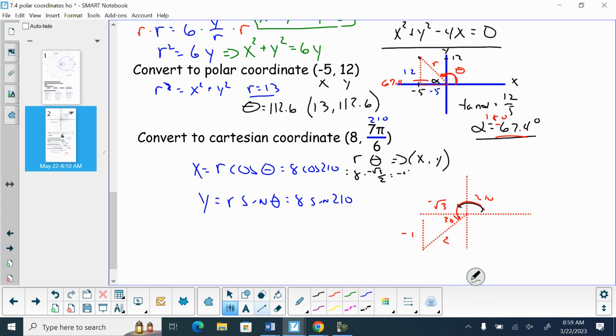So we have negative 4 square root of 3. And 8 sine is 8 times negative 1/2. So we have negative 4. So we'd have the ordered pair negative 4 square root of 3 and negative 4.